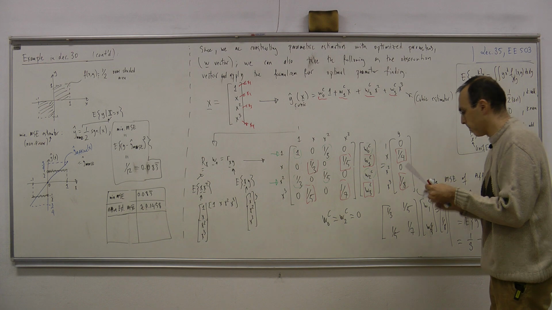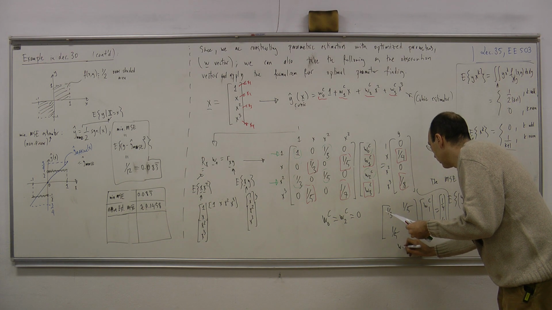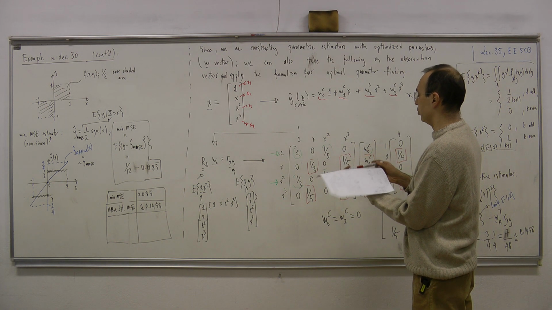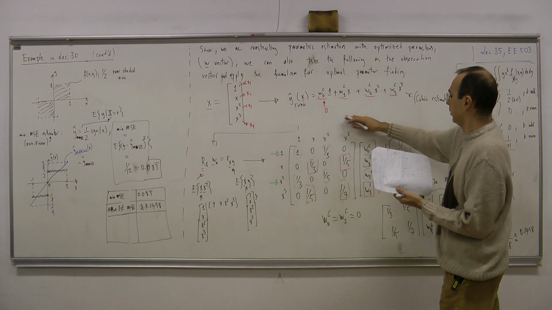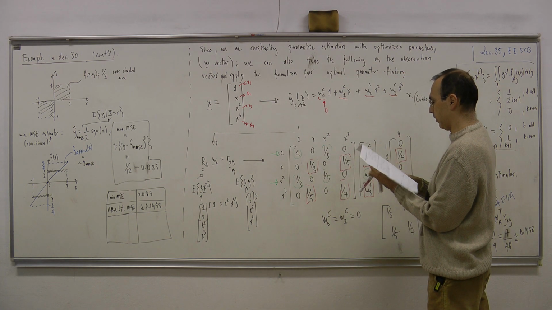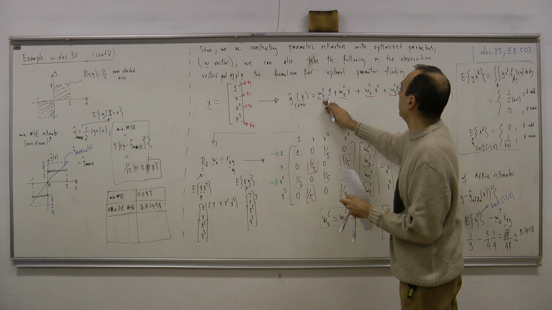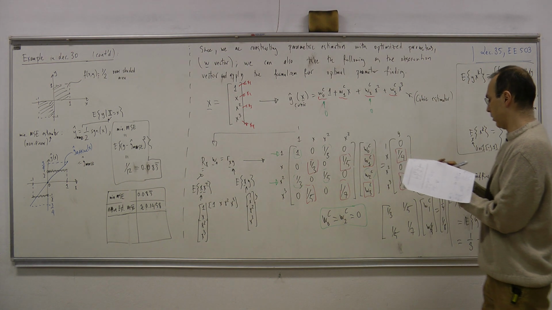So we get, let me write it over here, the solution. Let me write with green. These are the green ones. This is equal to 0, this is equal to 0.